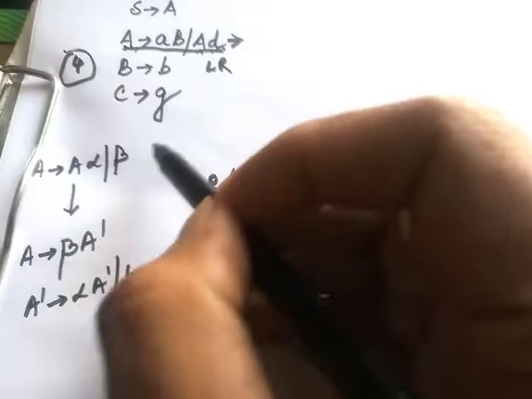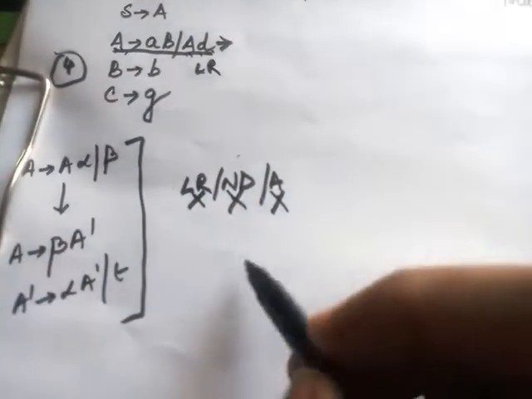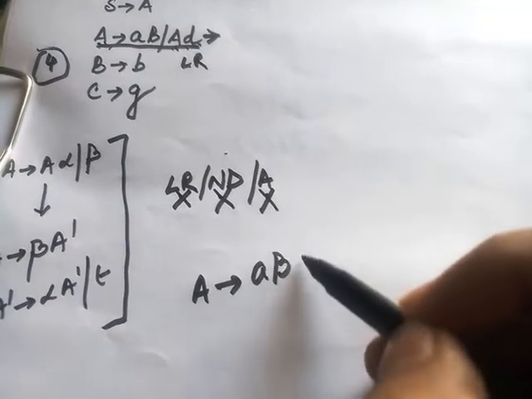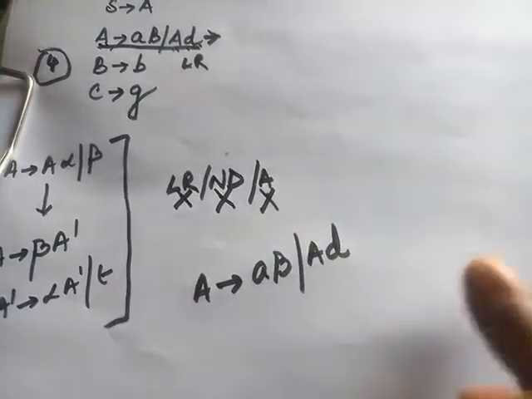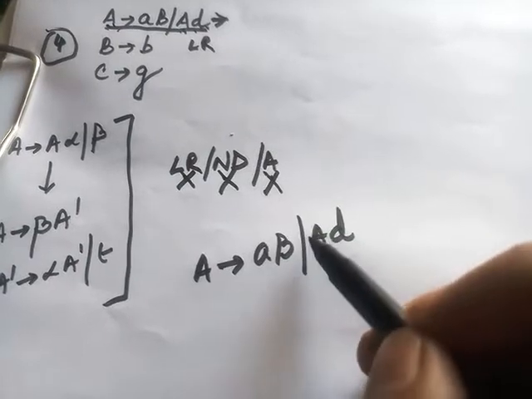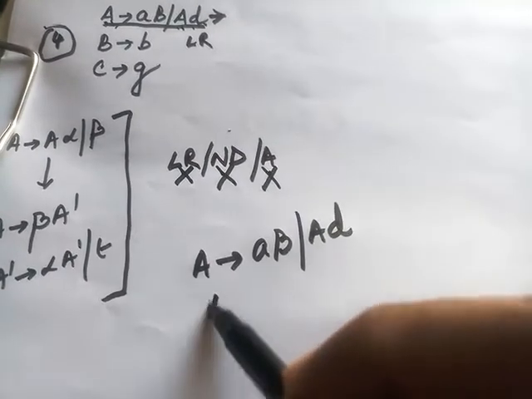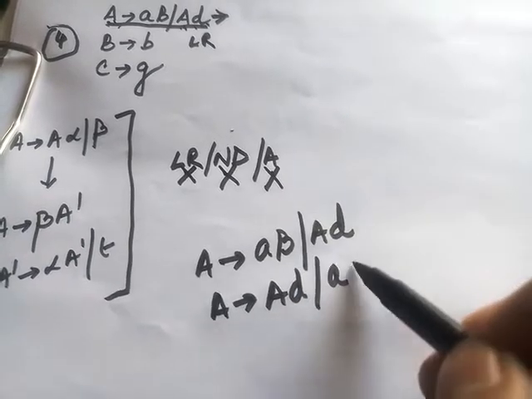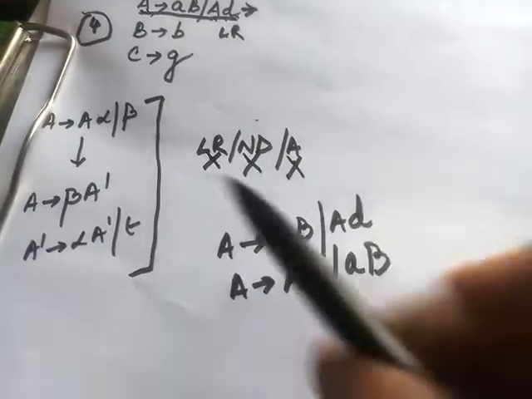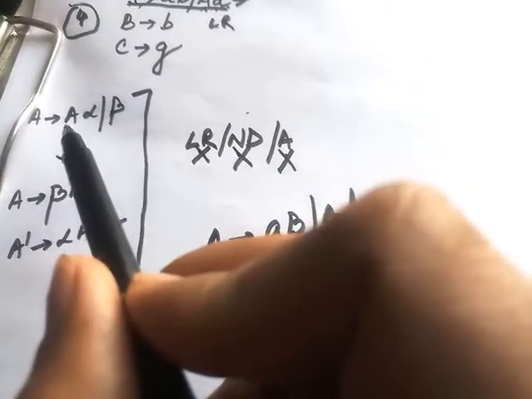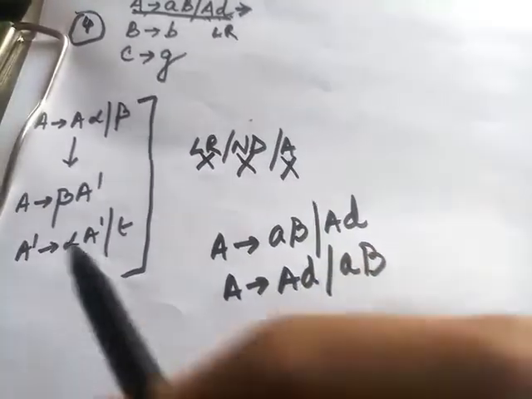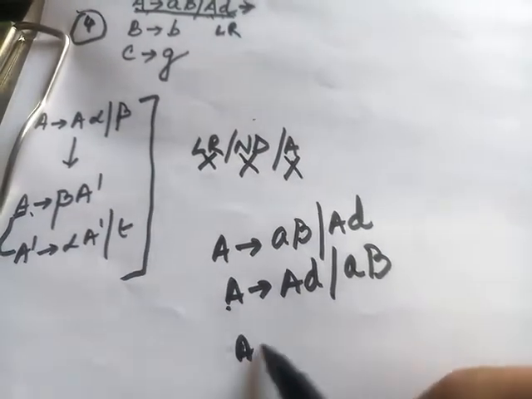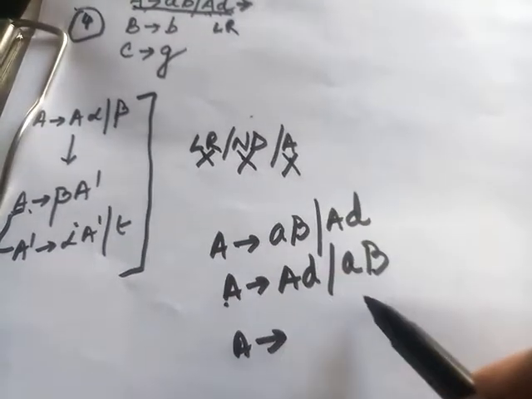How? We have the elimination method. Suppose this is your A generates AD | B. This is a left recursive grammar and we have to convert it. Even I can write it like this also: A generates AD | B. Now if you compare this with the left recursive formula, A is this one and beta is this one.